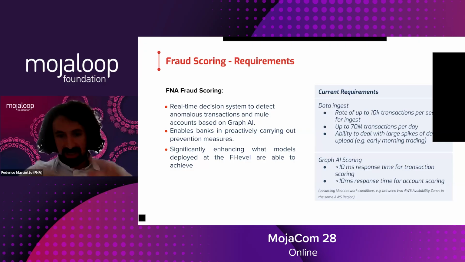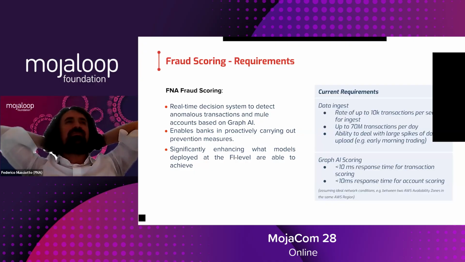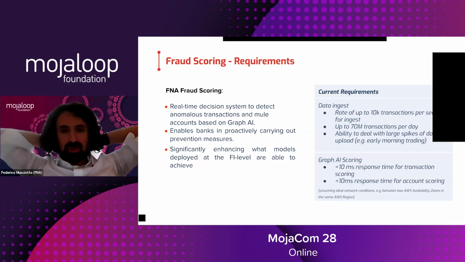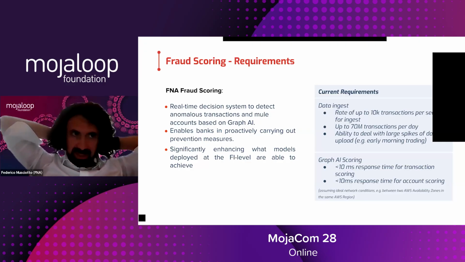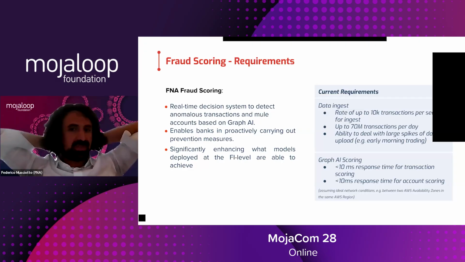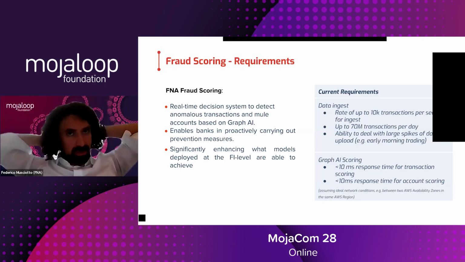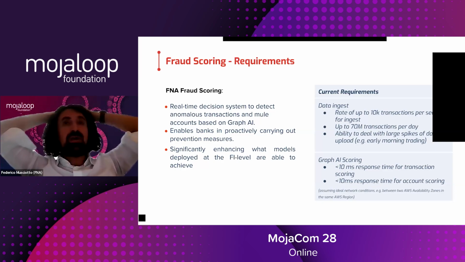And on the right, there are a few requirements, or specs, of how we do things: more or less the TPS that we've tested, and the number of transactions per day. I don't need to teach you anything, probably it's the other way around.